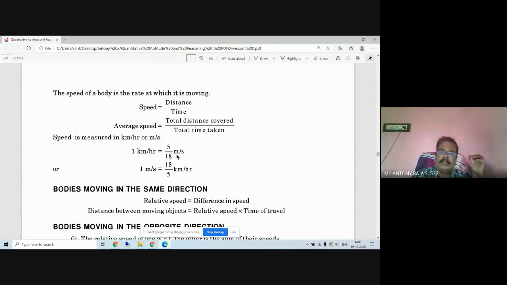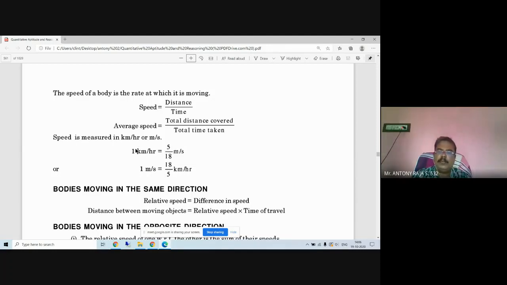Kilometer is 1000 meter, so 1000 is the numerator value. Hour is equal to 3600 second. So what is the value? 1000 divided by 3600. You solve, you will get the same value, 5 divided by 18. So 1 meter per second is equal to, this is reverse, 18 by 5 kilometer per hour.